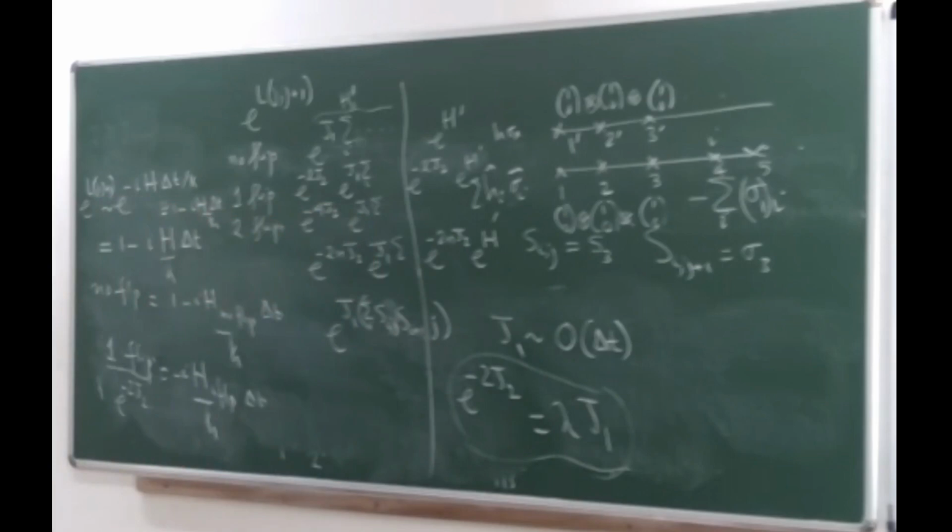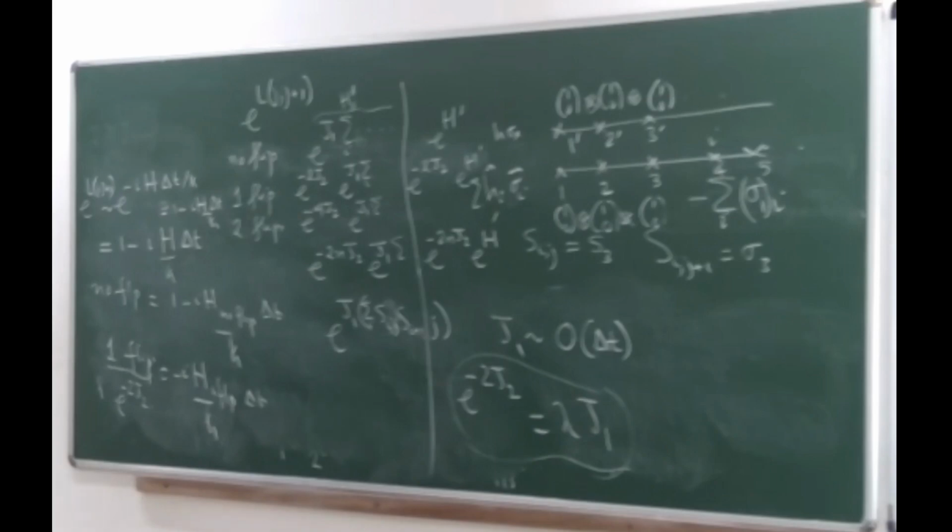The stat mech problem's corresponding quantum problem is to be written in terms of zero flip and one flip states, and therefore to be written in terms of Pauli matrices.